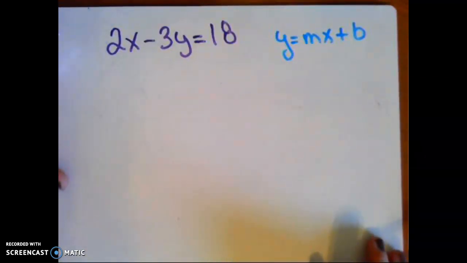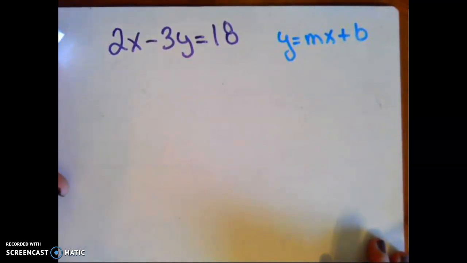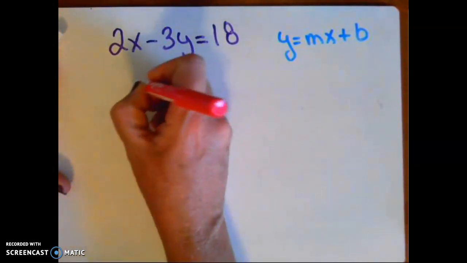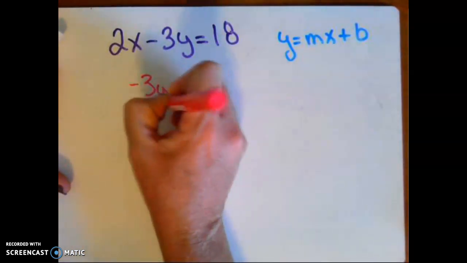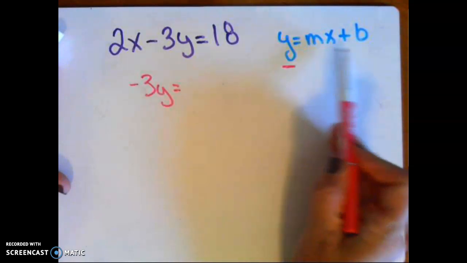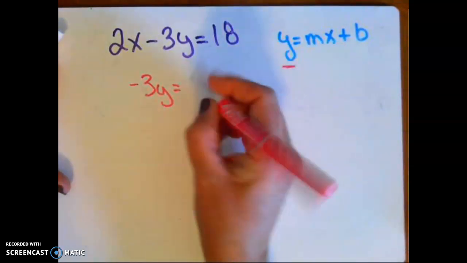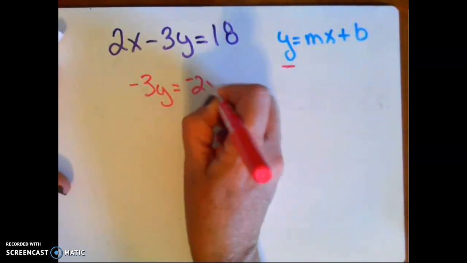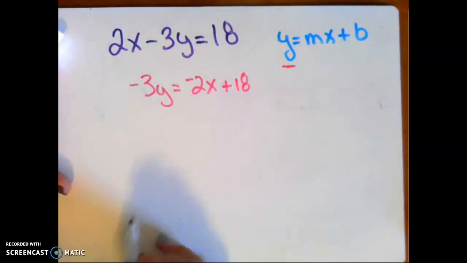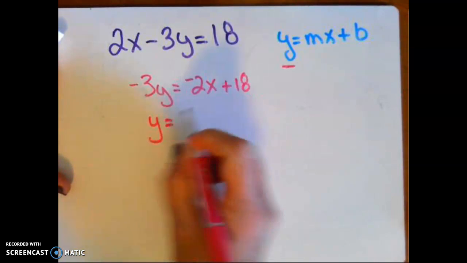So now you are getting an equation that is in standard form, and I'm going to ask you what the slope and the y-intercept is. So as long as you are confident in your algebra, this is not terrible. So I am going to start isolating my y, because if I isolate my y, it's going to be in the y equals mx plus b format. So I'm going to subtract 2x on both sides of the equation. I'm going to divide by -3.